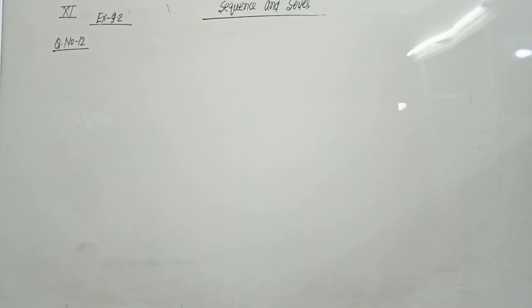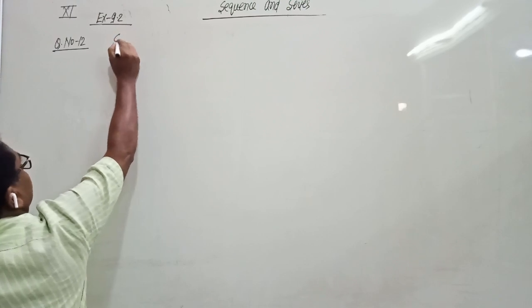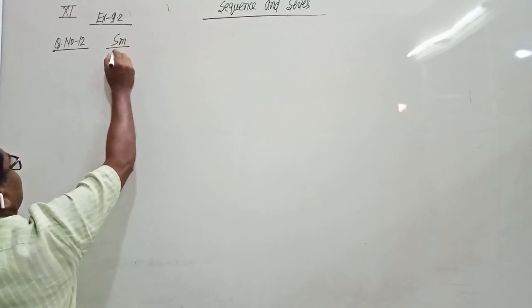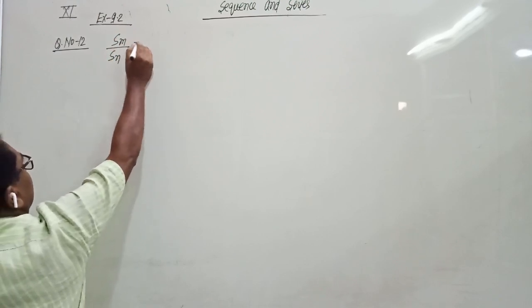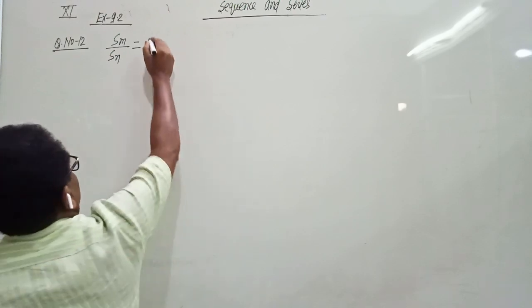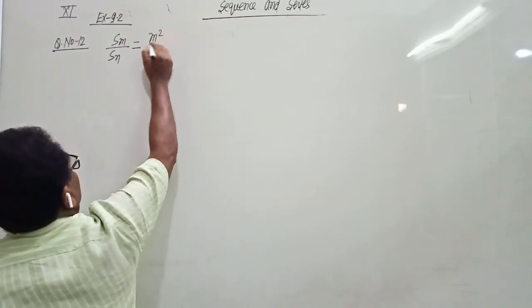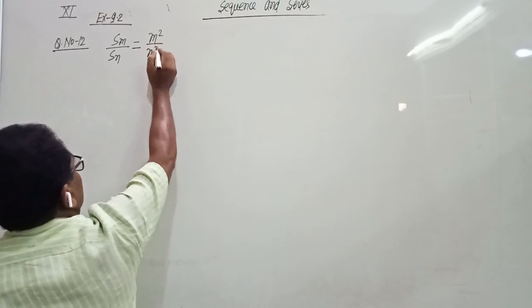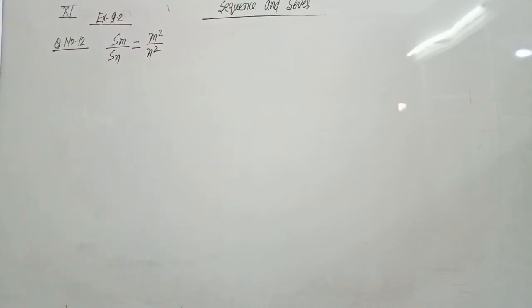The ratio of the sum of m and n terms of an AP is m square upon n square. Show that the ratio of mth and nth term.